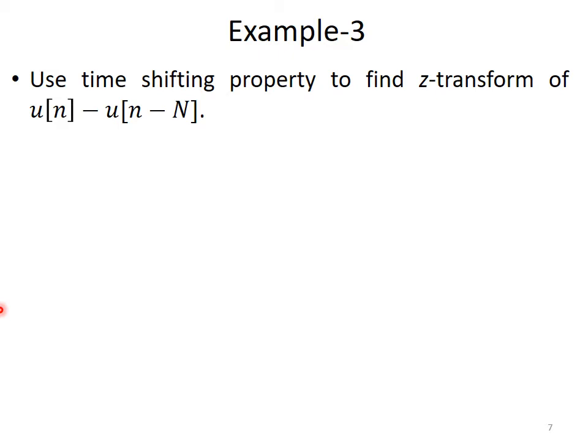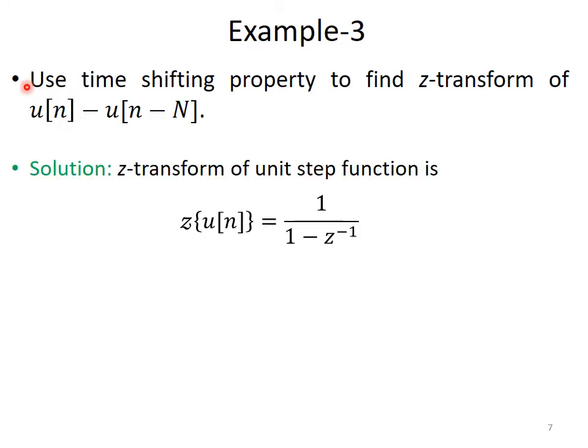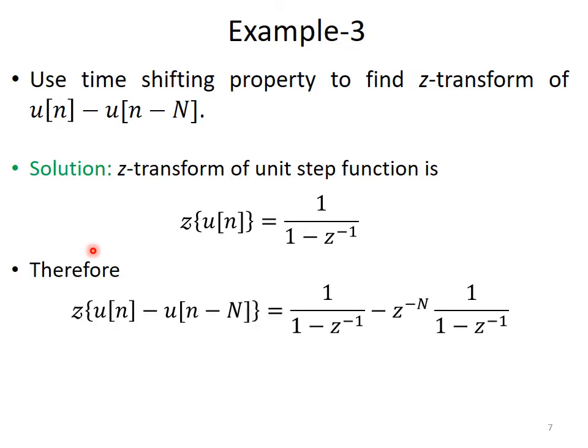We already know what is the z transform of the unit step function, right? So the z transform of the unit step function is 1 upon 1 minus z power minus 1, right? And similarly, the z transform of the delayed unit step function would be simply z power minus n divided by 1 minus z power minus 1, and the z transform of the entire signal would be this one.